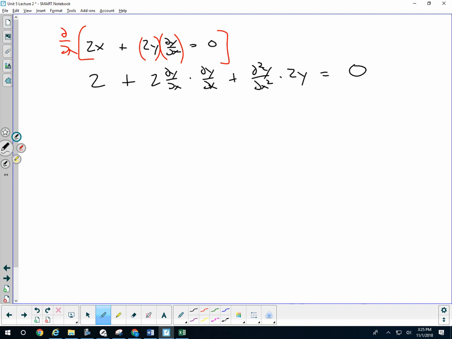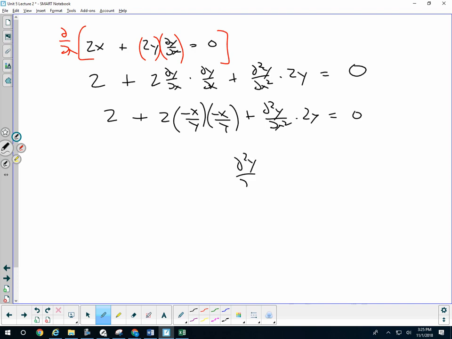Now, can we see how this is kind of funky? I'd have to do 2 plus 2, and I'd have to replace this with negative x over y, replace this with negative x over y, and then I'd have to solve for d squared y over dx squared. And, you know, I could do that, but it's more substitution.